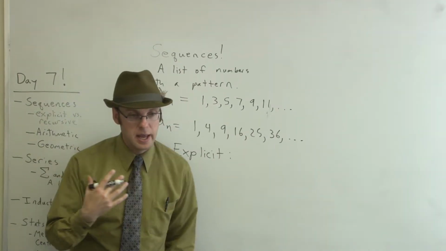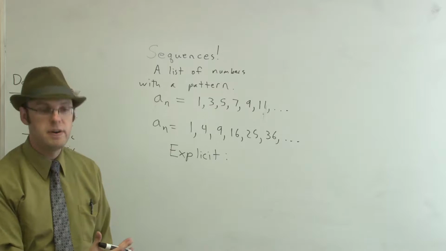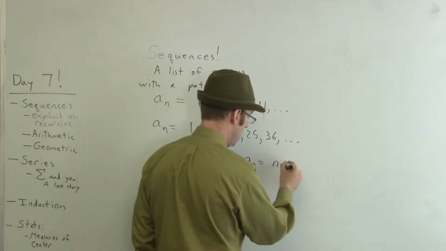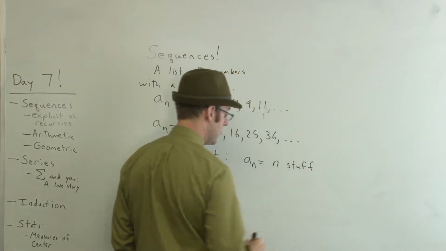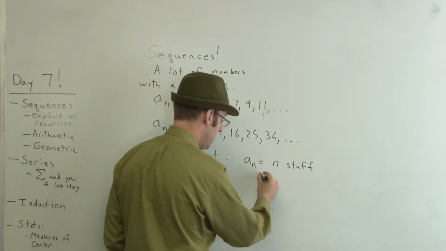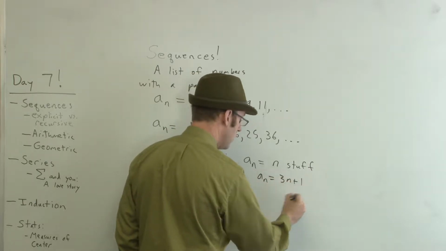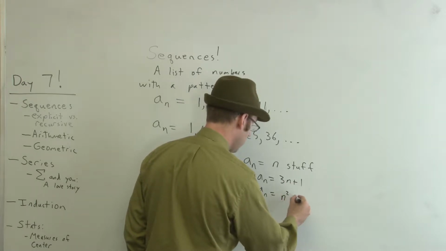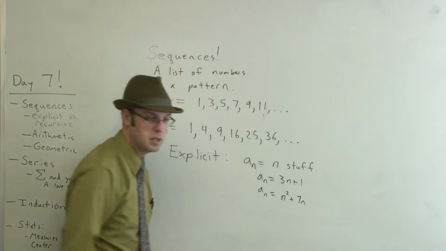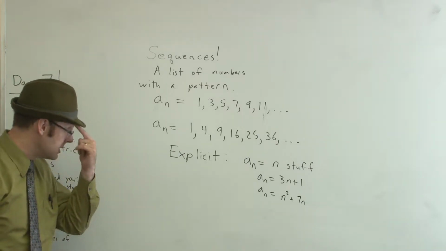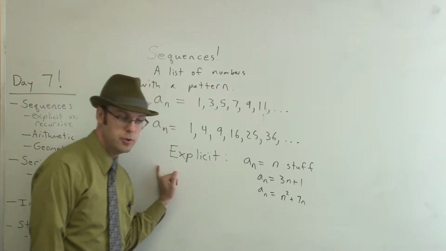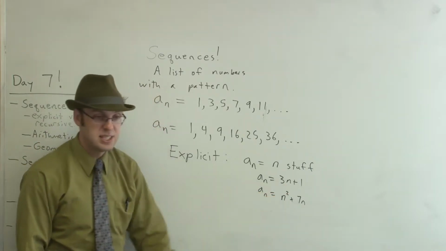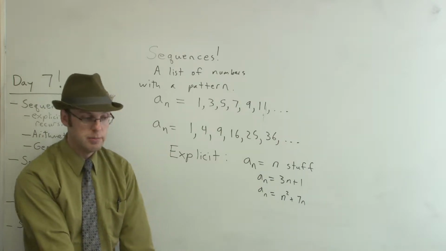We'll say that a sequence is explicitly defined if it's a sub n equals n stuff. So for example, a sub n equals 3n plus 1, or a sub n equals n squared plus 7n, or something like that. What an explicit sequence definition gives you is, if I want the 5th term, I just plug in 5 everywhere I see n, and it gives me what the 5th term is.